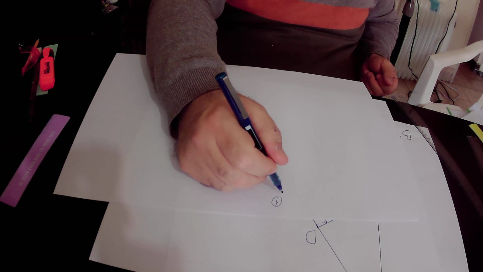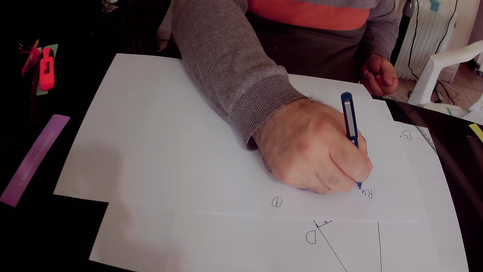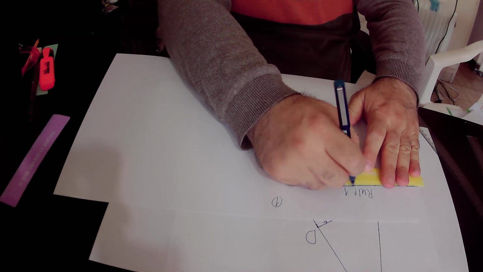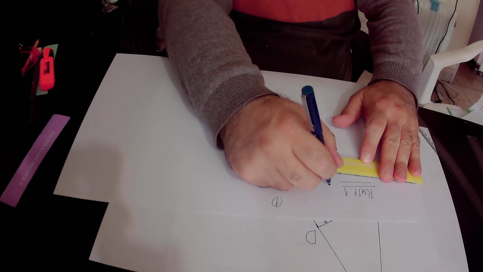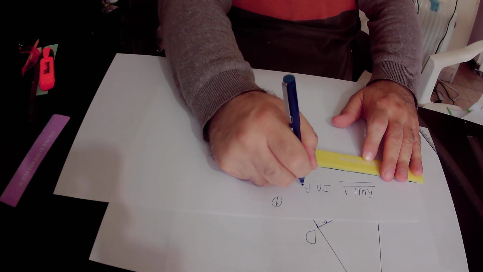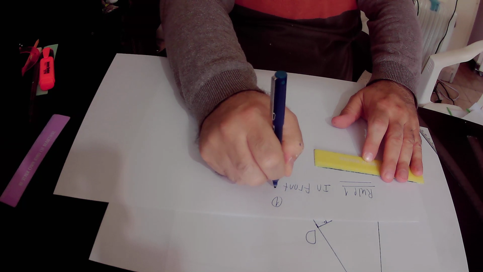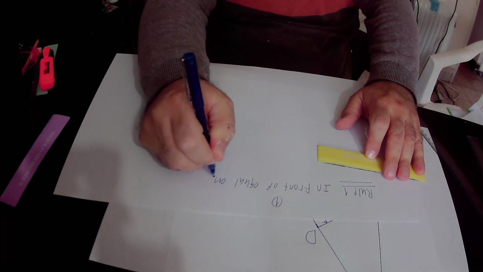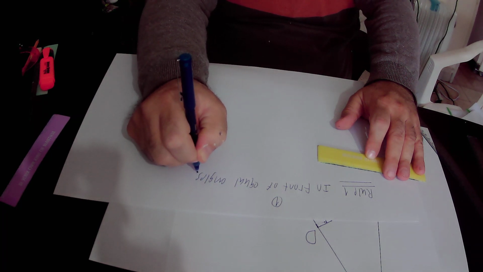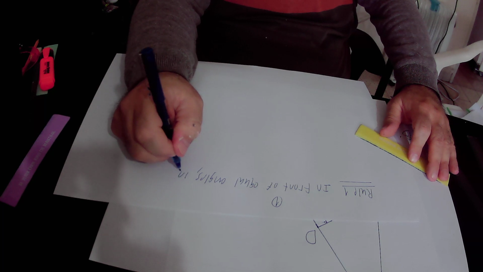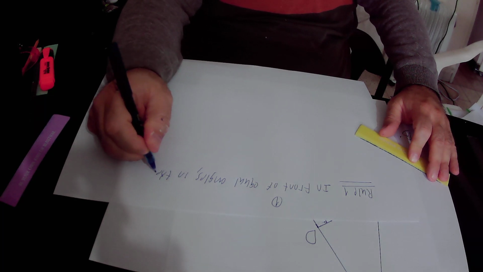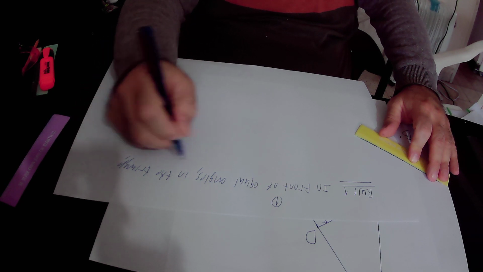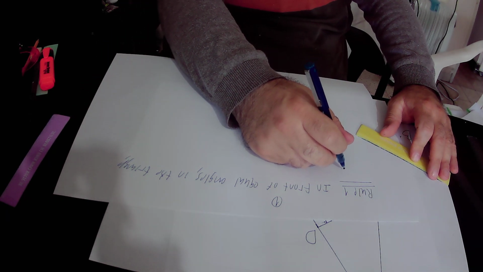According to rule number 1, in front of equal angles in the triangle there are equal sides.